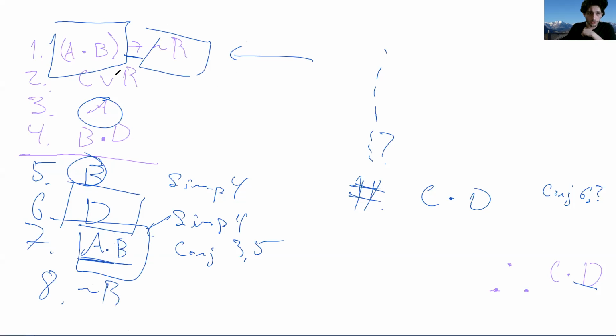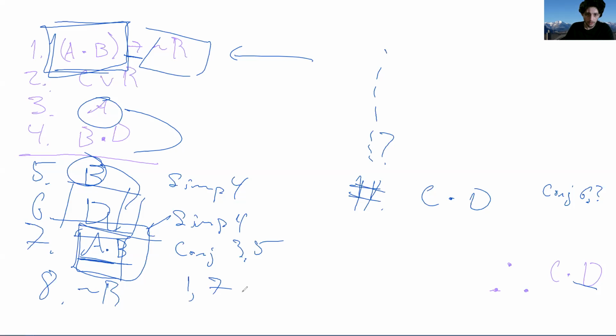You can buy not R. You just have to pay for it with A and B. So I got my money together. I got A and B together, so now I can go to 1 and say, hey, 1, look at 7. Now modus ponens better give me the product.